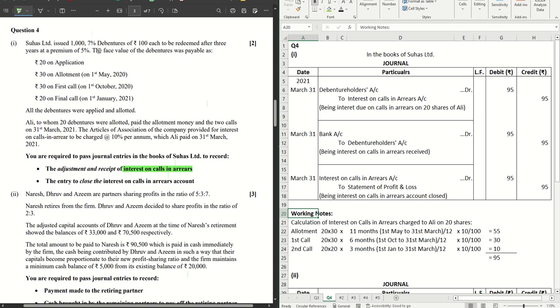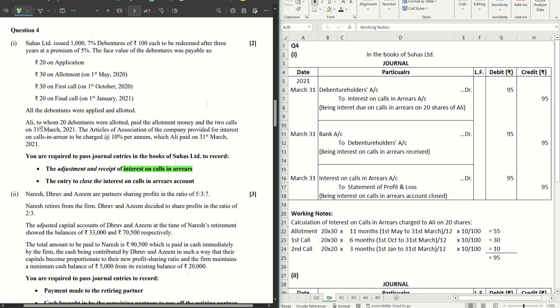So there is a person, Ali, who's holding 20 debentures. He paid the allotment money and the two calls on 31st March 2021. He did not pay them when they were due. As you can see from the question, he paid the allotment money and the two calls on 31st March 2021 instead of the respective due dates.